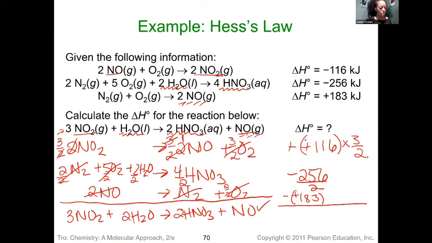And so we will then do my plus sign, parentheses, my 256 divided by 2, and plus, now we have -183 negative. And what we end up with overall is -137 kilojoules.